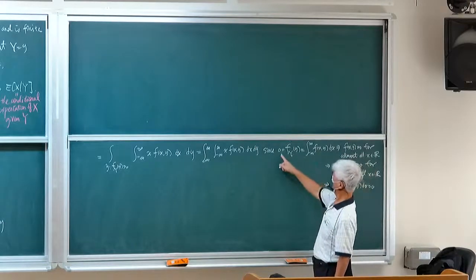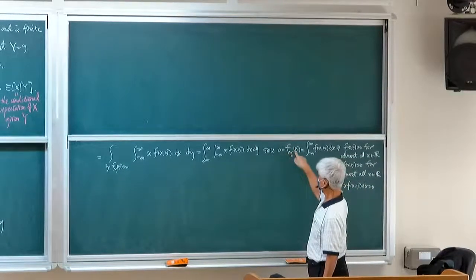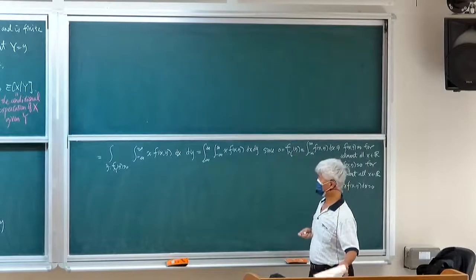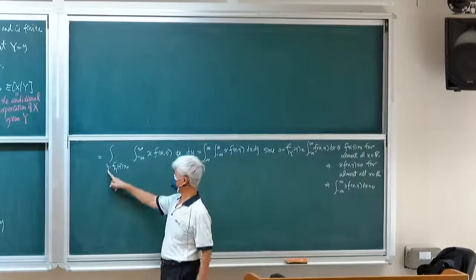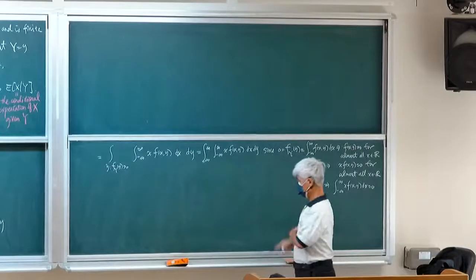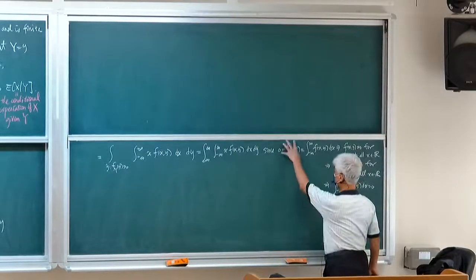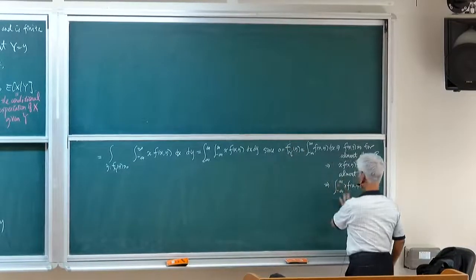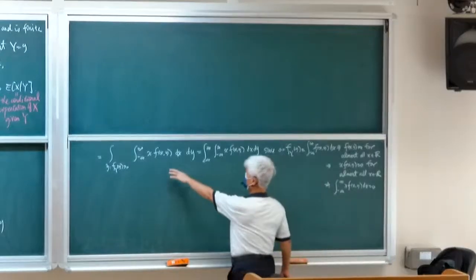So if we include rows y such that the marginal PDF of random variable y is 0, then the added part.